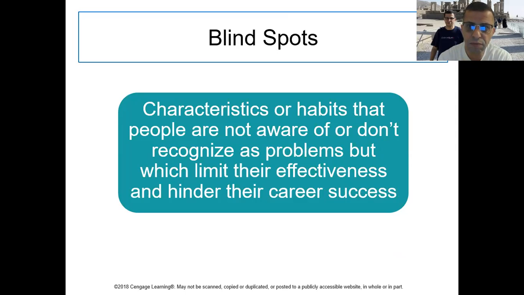What is a blind spot? Blind spots are characteristics or habits that people are not aware of or don't recognize as a problem, but which limit their effectiveness and hinder their career success.